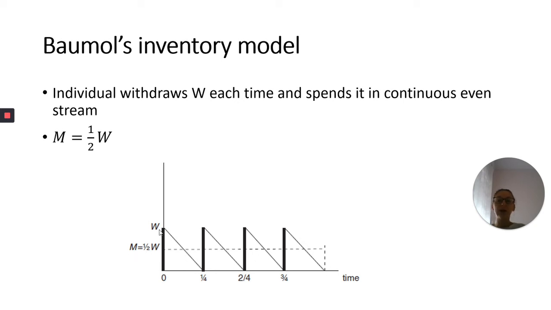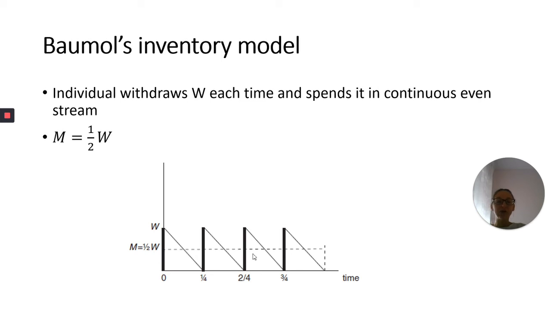On Monday we withdraw the money, how much we're going to need during the week. We spend it evenly for each day. So on Sunday we have nothing left. Monday we withdraw again and we spend it evenly during the week. Remember the first assumption, that people spend the same amount each day. So withdrawals for each week are also the same.